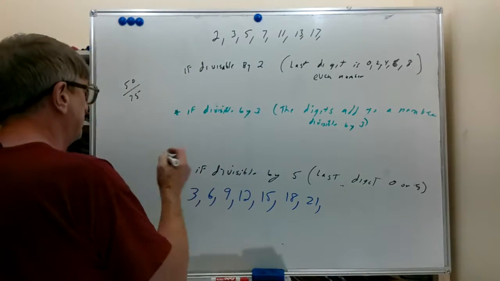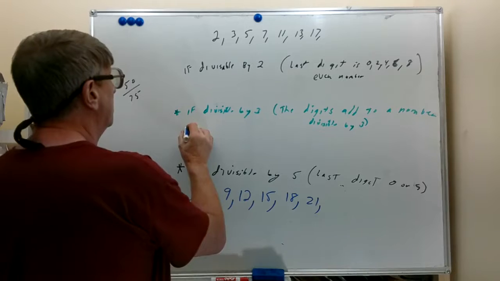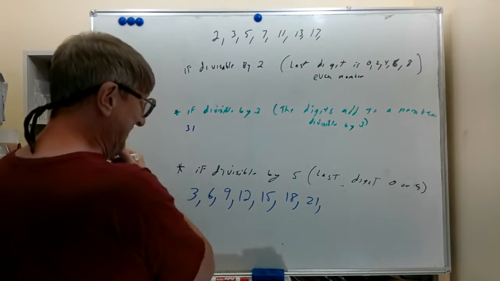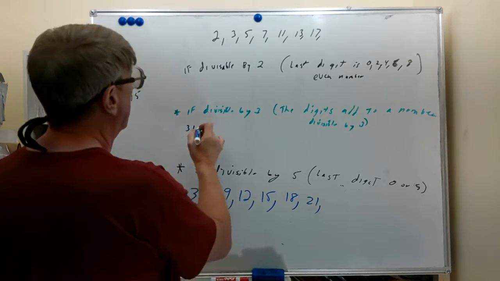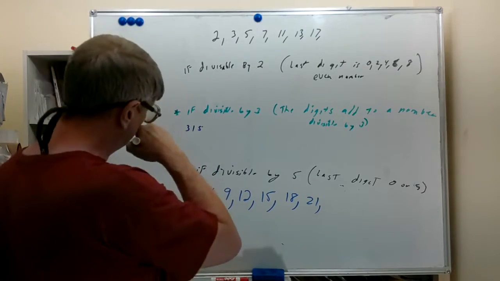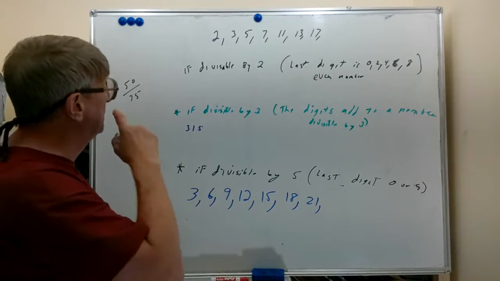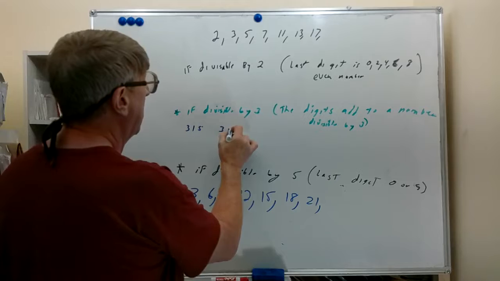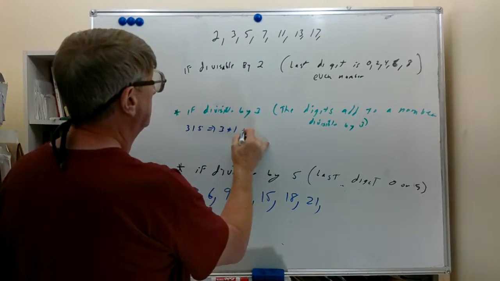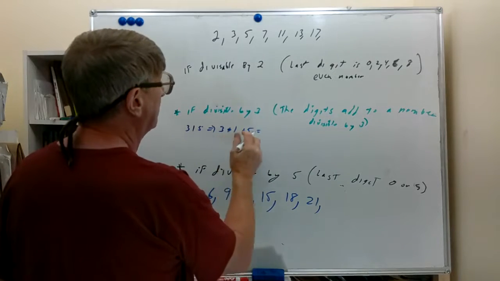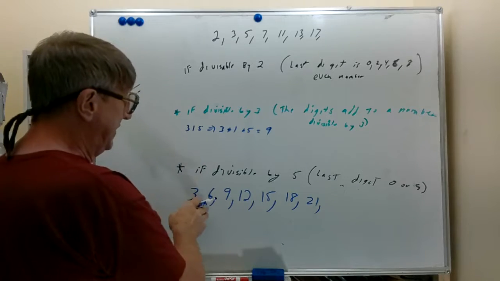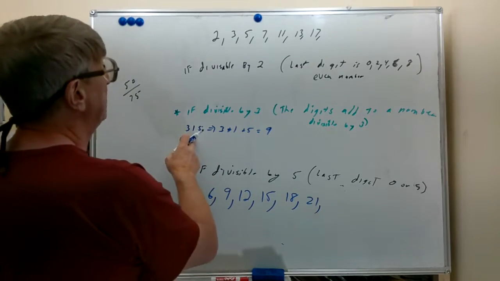So if we take a number, let's say 315, and we add the digits together, what do we get here? 3 plus 1 is 4, plus 5 is 9. Well, 9 is divisible by 3, so 315 should be divisible by 3.